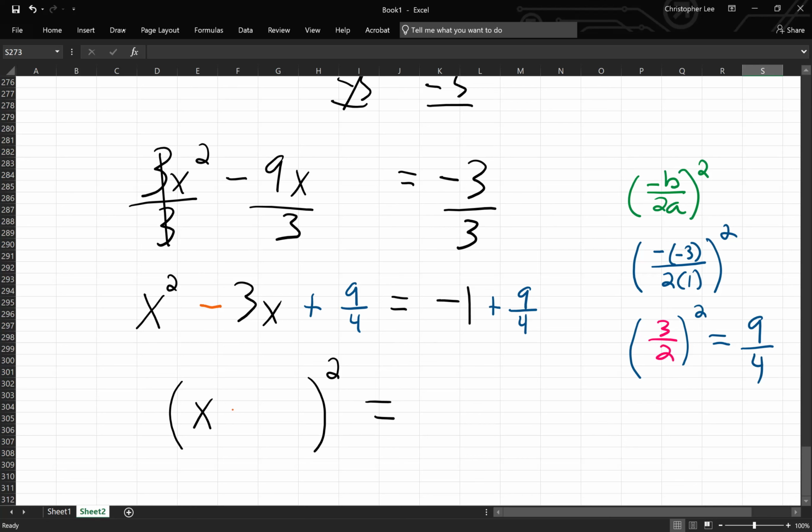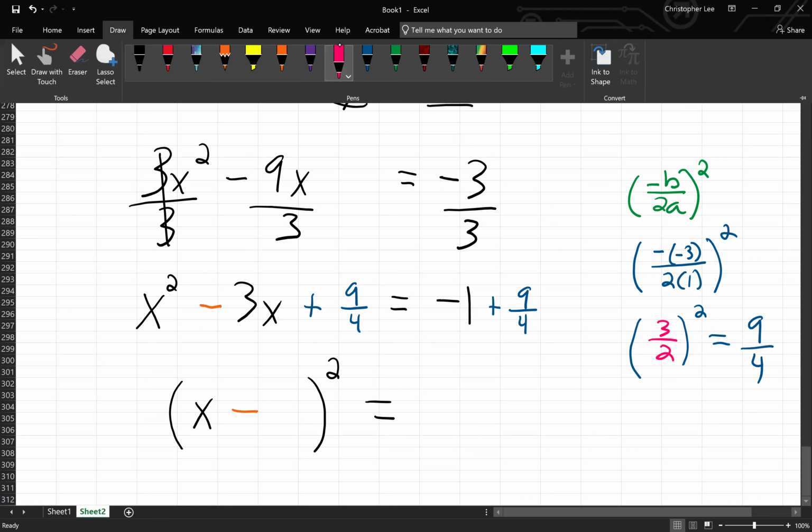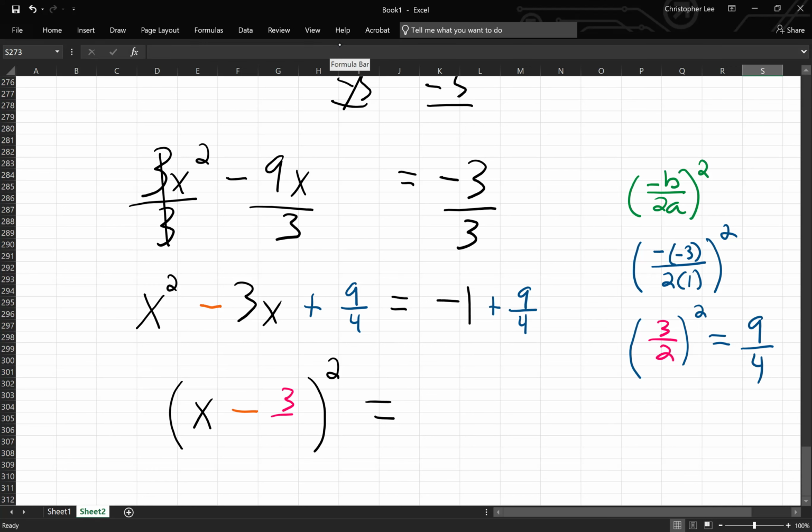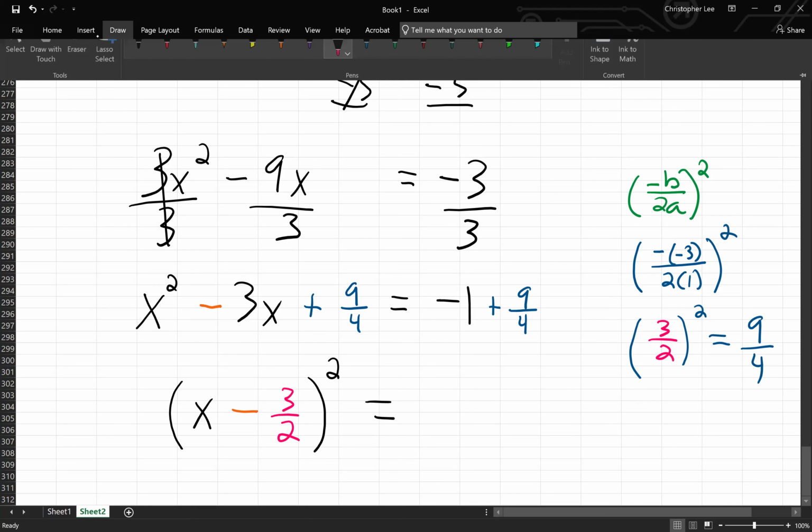Minus what number? 3 over 2. Right? So whatever number it is that I square, that's the number that's going to go inside the parenthesis. And whatever the b term is, the sign of the b term is going to be the sign that goes inside. That's simple. All right?